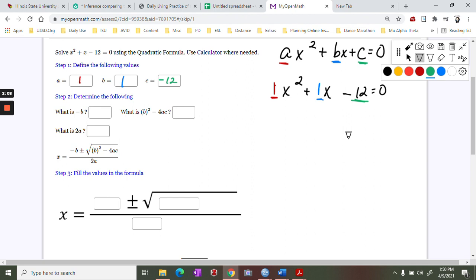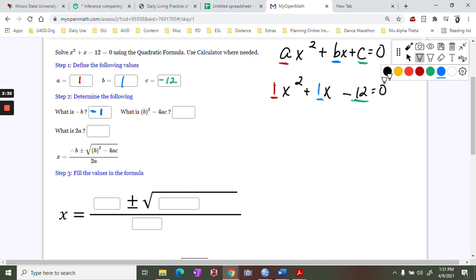Okay? So now, when I am determining the opposite of b, so b is 1, so the opposite of b, change the sign on b, change the sign on your value. So instead of 1, we're going to use negative 1. Okay, so the opposite of b is negative 1.